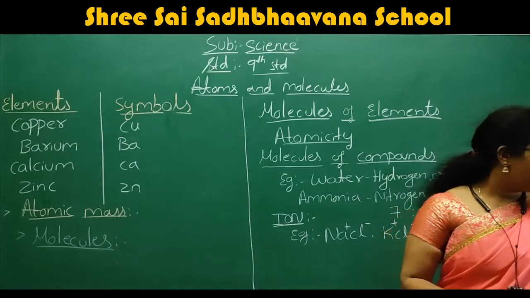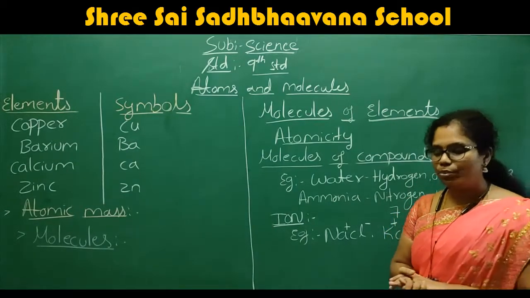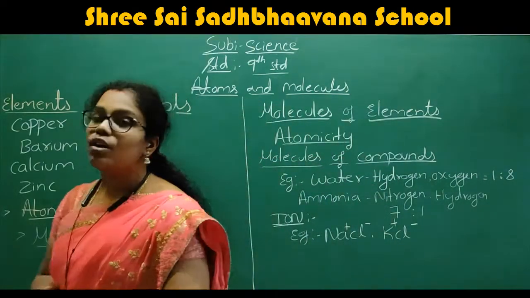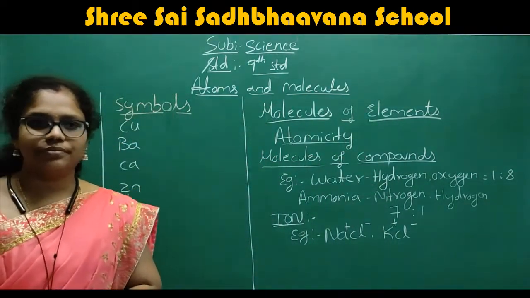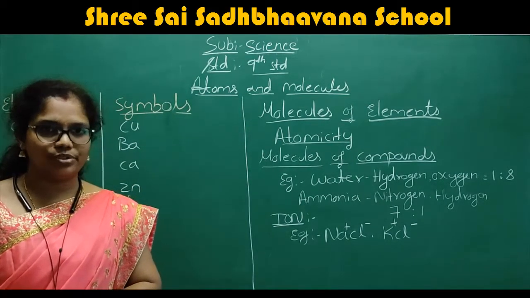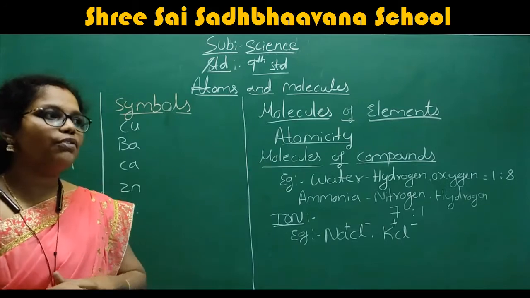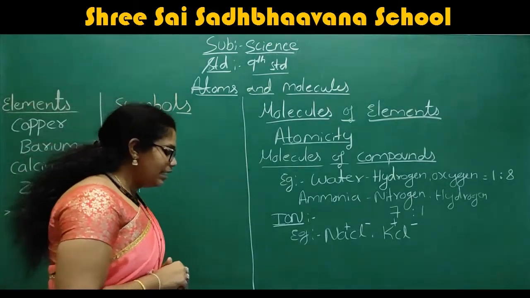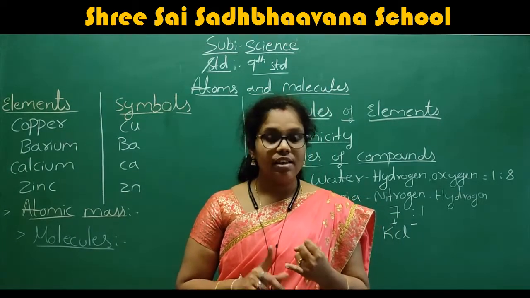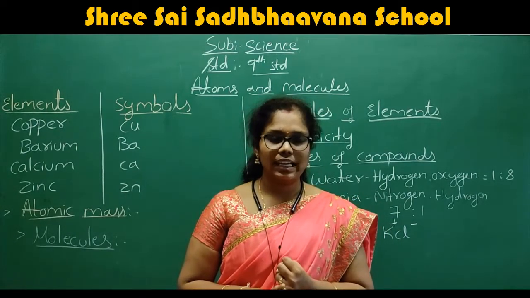Next, we are going to discuss the next important concept: how we are going to write the formula for compounds. For writing the formula, there are three important things you need to know. One is the symbol of the elements.